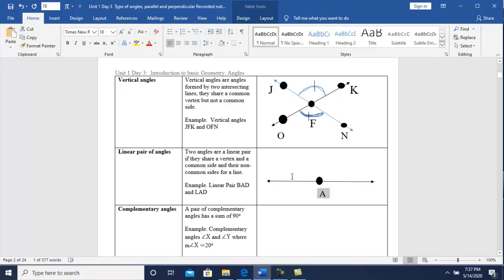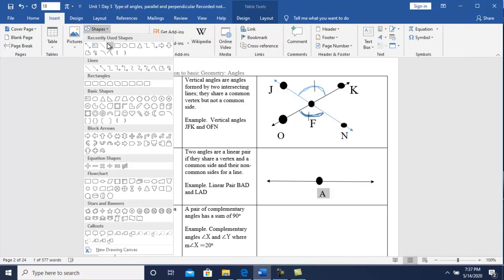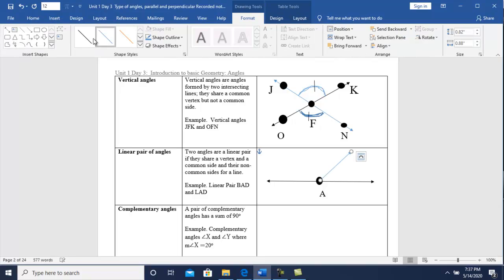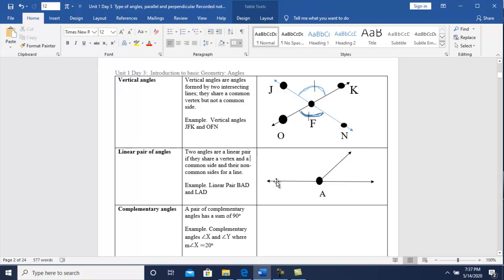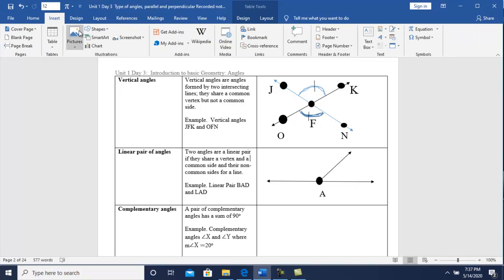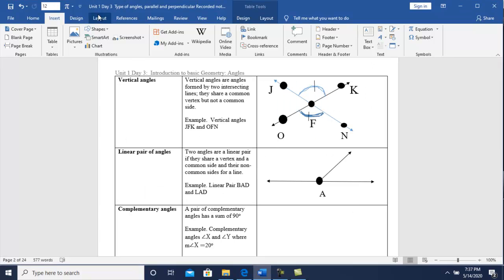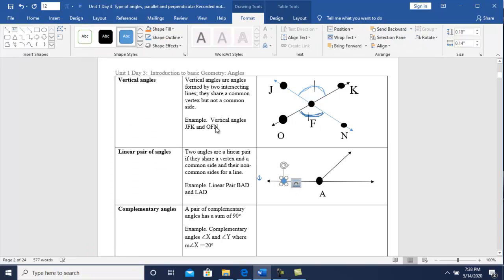Okay. Now we're going to draw a ray, going like this. And now we're going to have two pairs of angles. So we're going to have BAD. That's going to be our first one. So we're going to need two more points. So the first angle is going to be BAD.